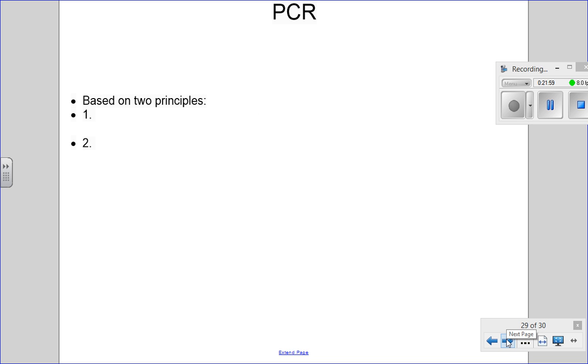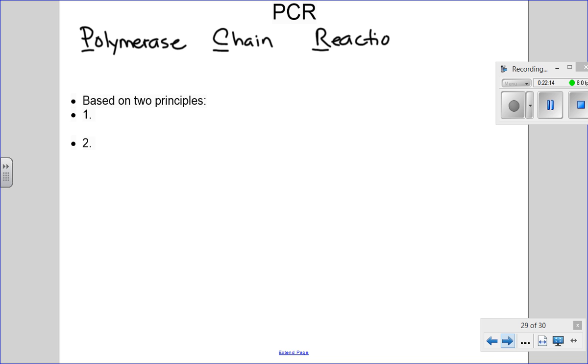The next thing that I'd like to mention is another technology. PCR stands for polymerase chain reaction. Now, DNA can end up in fragments.